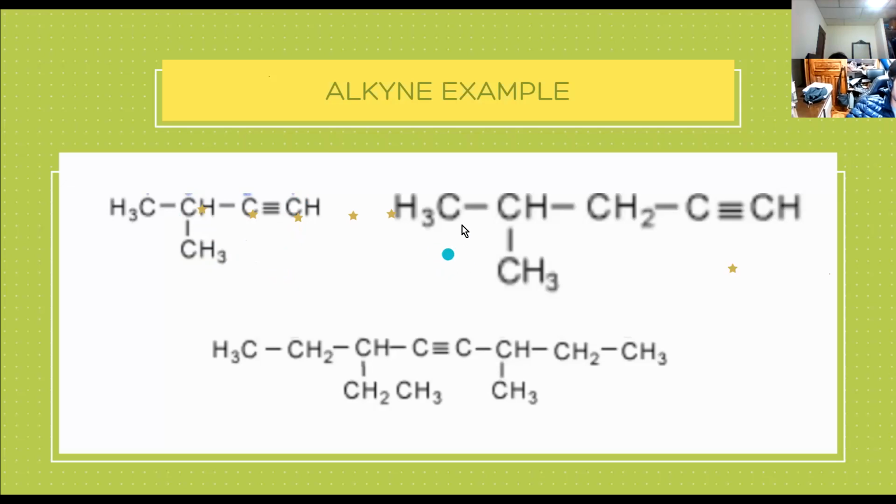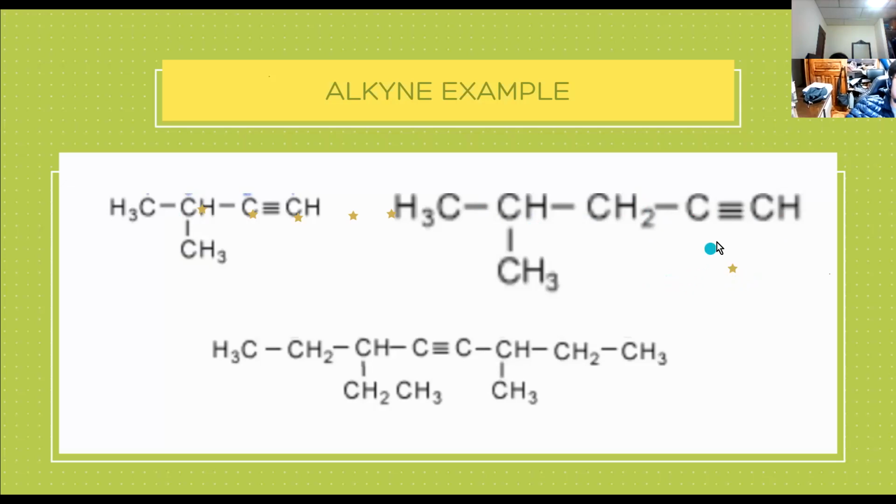In another exercise, we count the carbon atoms, 1, 2, 3, 4, or sorry, it's 5: 1, 2, 3, 4, and 5. Because it's 5, we use the prefix pent and the suffix.